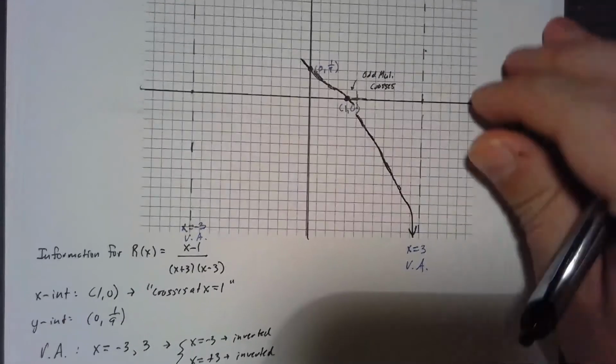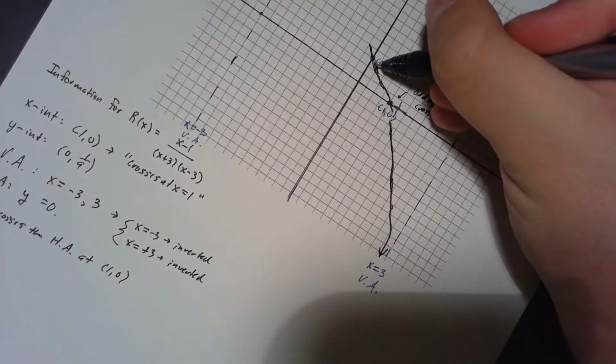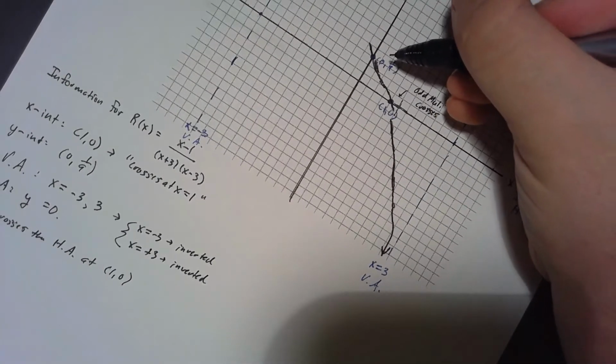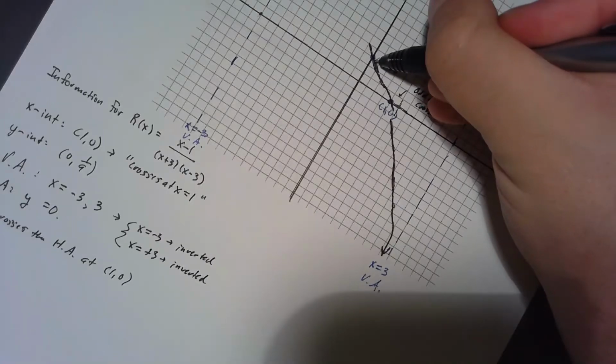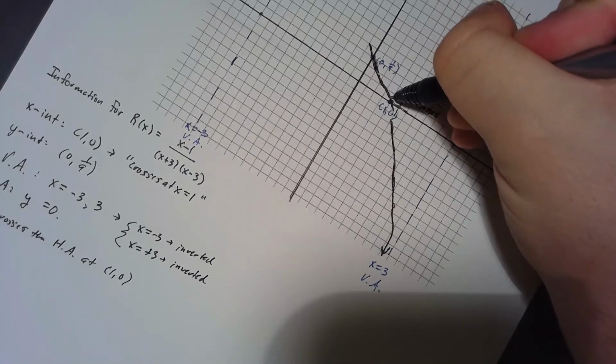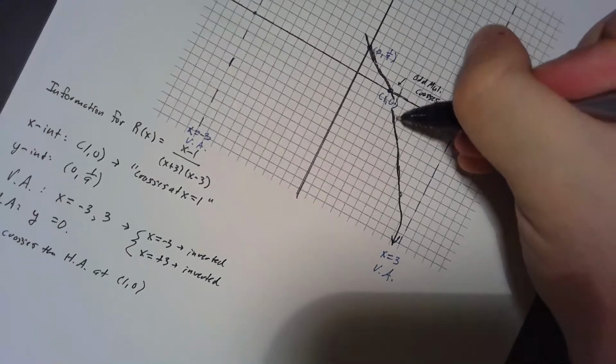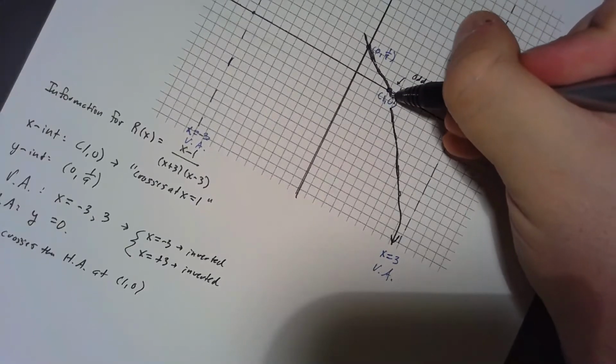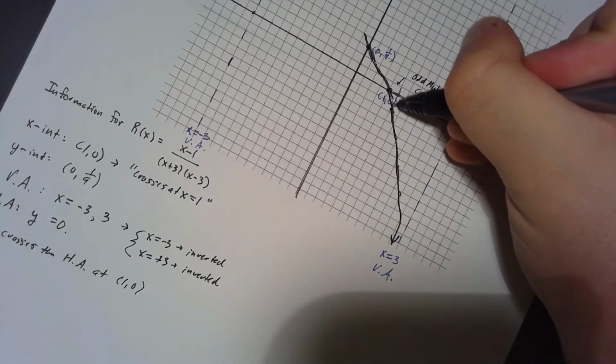So basically, I know I'm not graphing this ideally, but basically what's happening is this. I come through my y-intercept. I cross my x-intercept because it has odd multiplicity. Right?